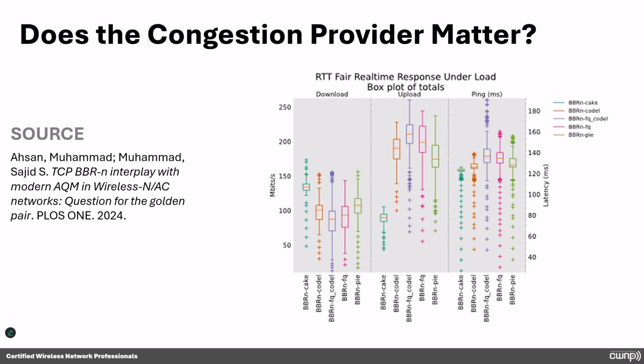So notice, for example, if you look at the download, the leftmost block here, then obviously Cake is the best. But then when you look at the upload, all of a sudden Cake falls all the way down to the bottom. And so not so good anymore, right? And that's part of it as well. How do your clients interact with the network?